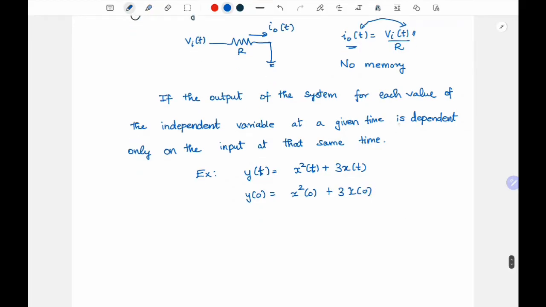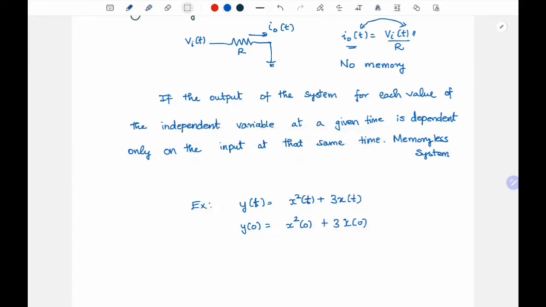So then it is called a memoryless system.